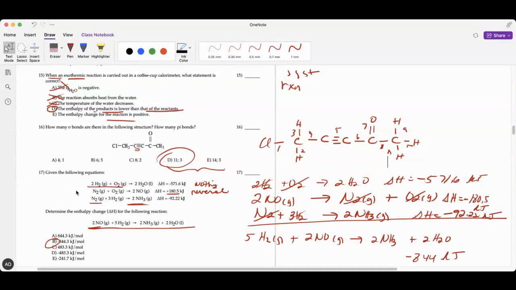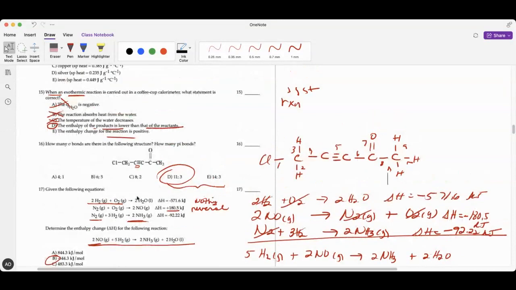Okay, thank you. You're very welcome. What are the pi bonds? The pi bonds, a double bond has 1 pi bond and 1 sigma bond, and a triple bond has 2 pi bonds and 1 sigma bond. Okay, thank you. You're welcome.